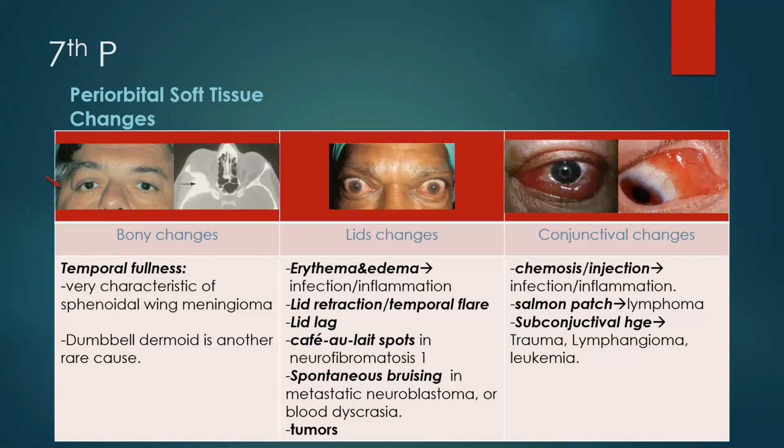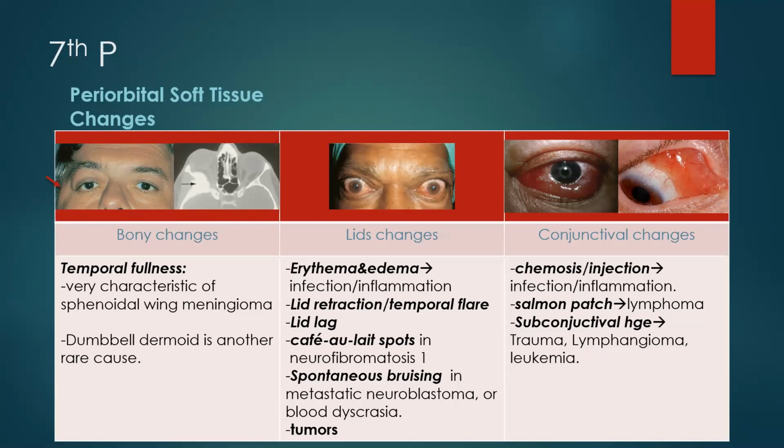The seventh P is the periorbital soft tissue changes. These changes can be bony, or can be confined to the lids, or conjunctival changes.